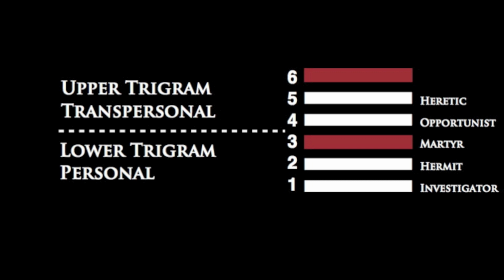Now, when I say higher octave, I don't mean better. I don't mean it's better off. I just mean it's a different octave of that kind of wisdom of having gone through so many experiences that you can have a kind of wisdom about human experience itself, which is why the 6th line is the role model.